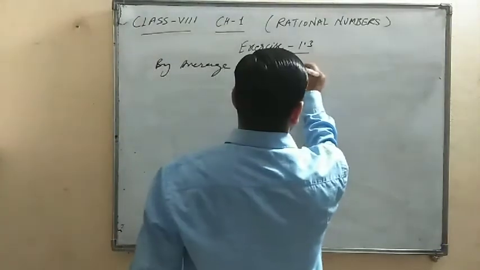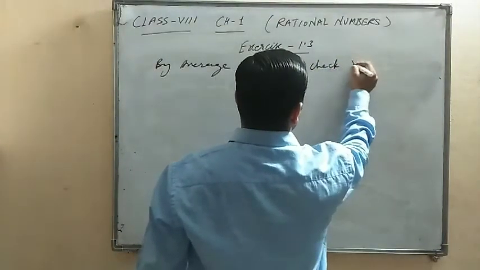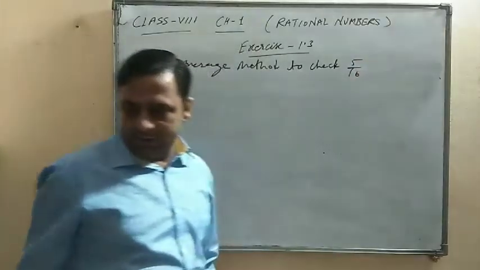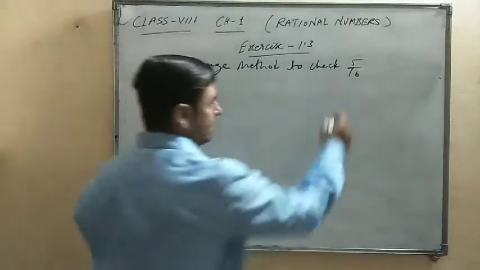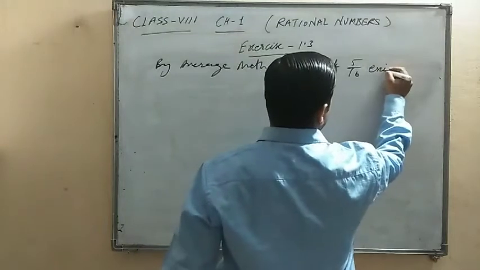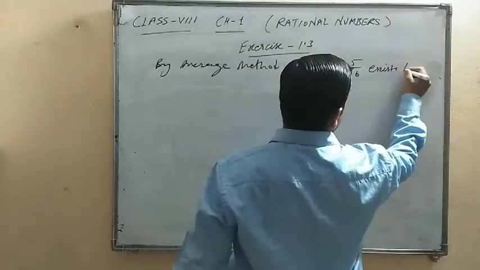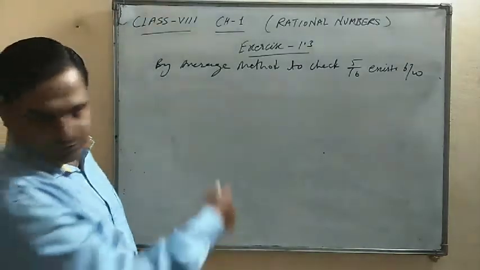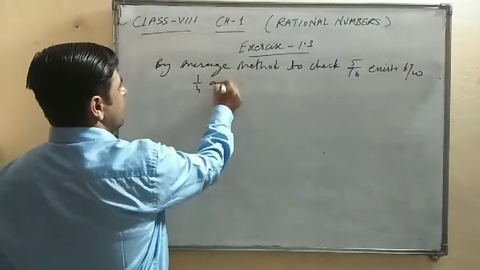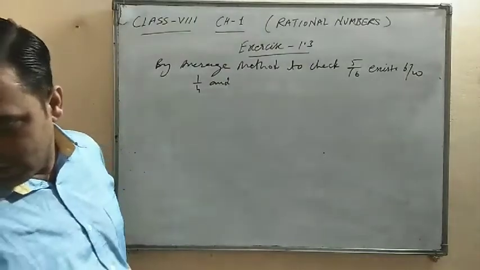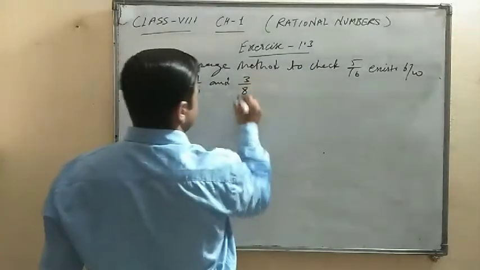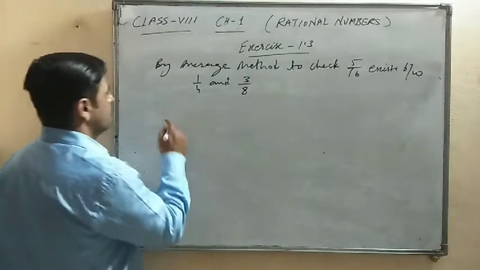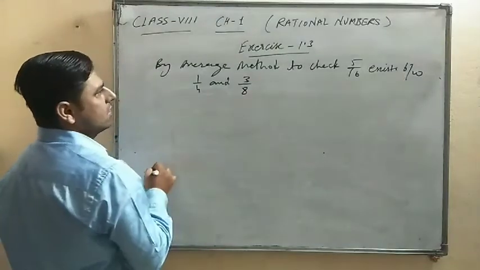To check 5 upon 16 exists between 1 upon 4 and 3 upon 8. So you know very well average methods.